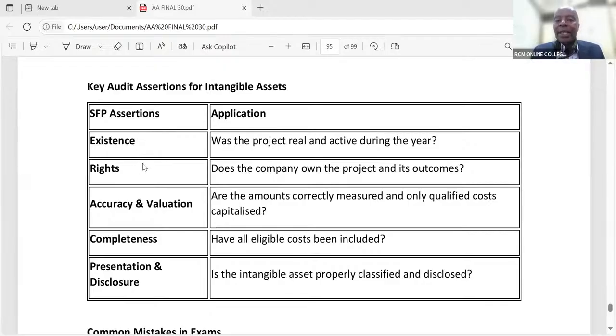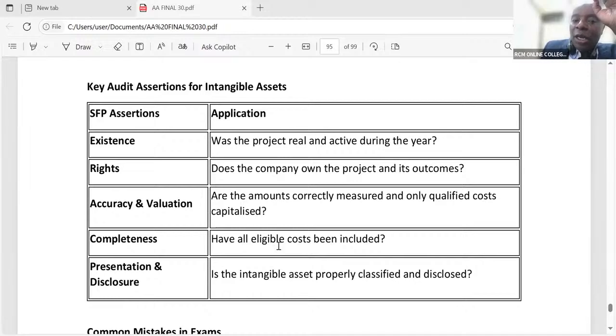Then we have rights. Does the company own the project and its outcomes? Remember now, for intangible assets, you can't really start asking for a title deed. You can't ask for a logbook. So here you simply look at documentation. Accuracy and valuation: are the amounts correctly measured and only qualified costs capitalized?